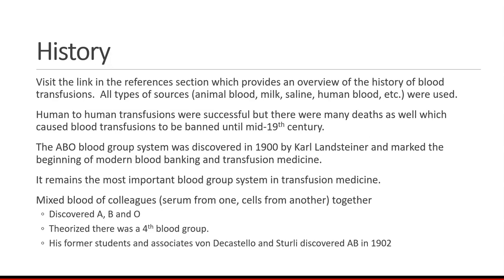What he did was he had all his colleagues' blood drawn, and he separated the serum from the cells, and he mixed the serum of one with all of the cells from the other. And this was done for every person in the group, and they were able to discover group A, B, and O. Now, they theorized there was a 4th blood group, and his former students who became associates, von Decastello and Sturli, discovered the AB group in 1902.